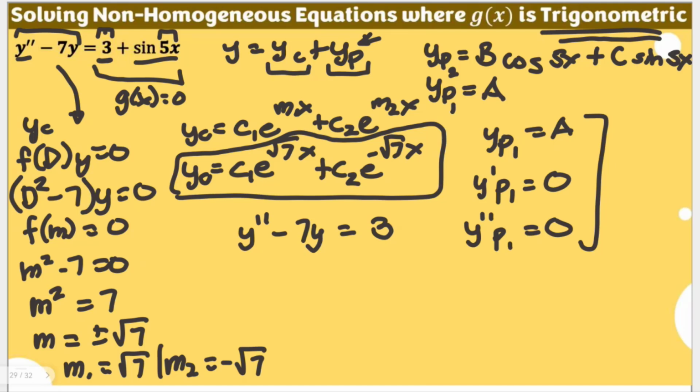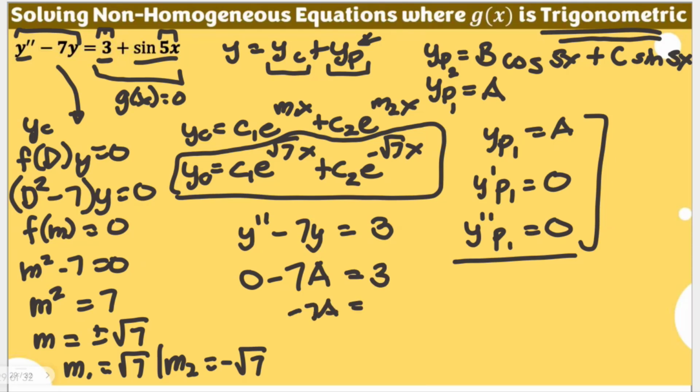Take note that this could be separated into two forms, the constant and the trigonometric. That's why we don't include the sine of 5x here, because it will be paired with the other y sub p later. So by using y sub p sub 1, the second derivative is 0, minus 7 times y sub p sub 1, which is a, is equal to 3.